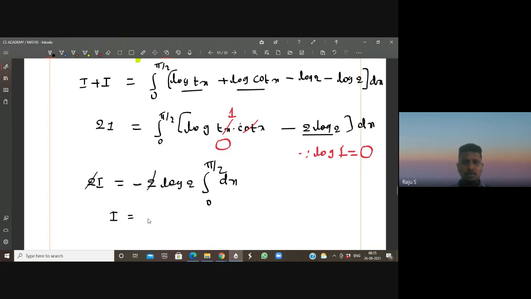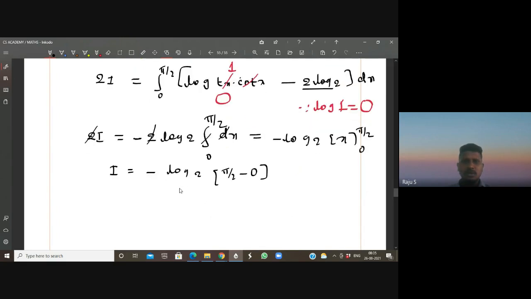I is equal to minus log 2 times the integral of dx, which is x from 0 to pi by 2. So substitute upper limit minus lower limit. Got it? So here the answer will be I is equal to minus pi by 2 log 2.